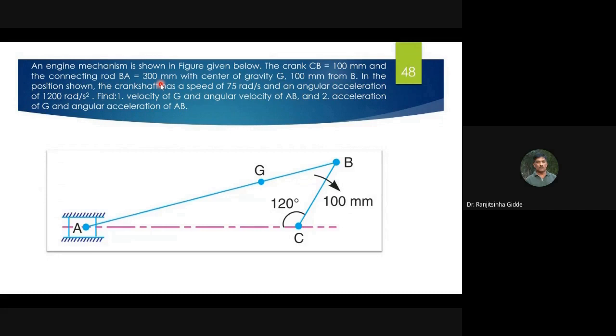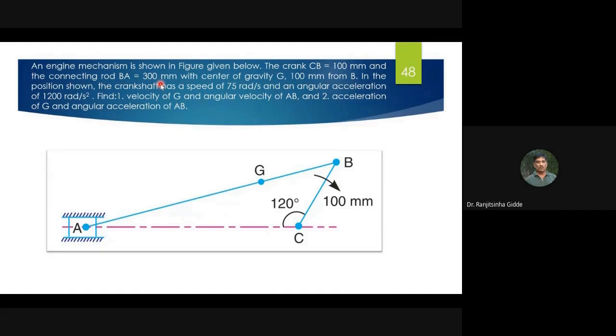In the position shown, the crankshaft has speed of 75 radian per second. So they have given omega directly, instead of giving the speed.